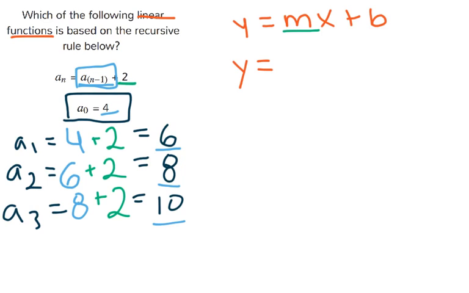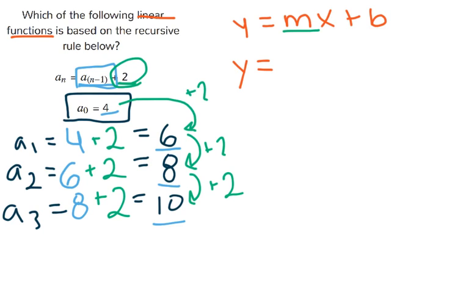So I'm looking at the rate of change here. Our first value is 4. Our next value is 6, so we added 2. Our next value is 8, we added 2. Our next value is 10, added 2. Conveniently, that was already told to us in the rule that we just add 2. So it looks like the slope is 2.